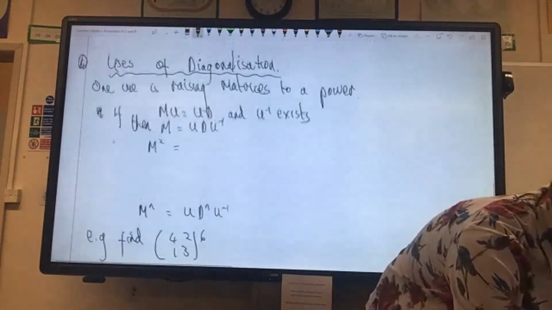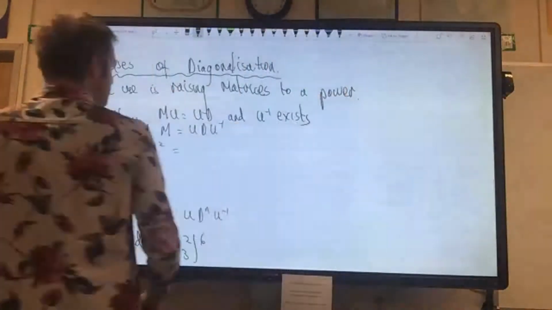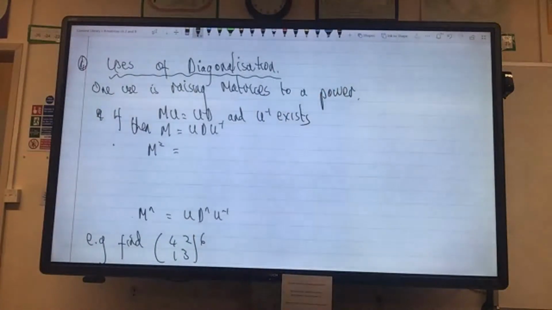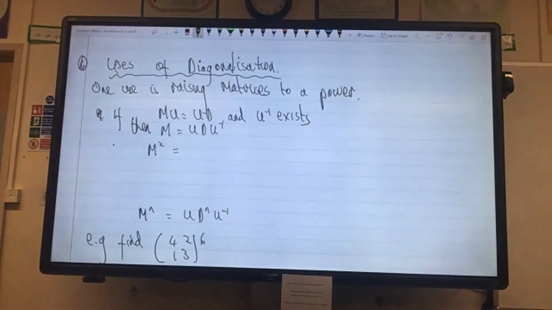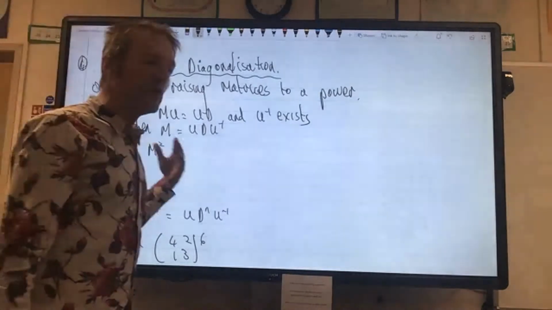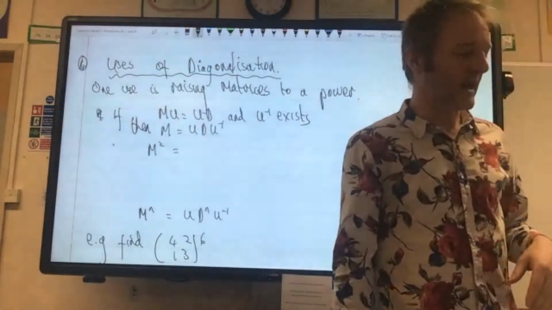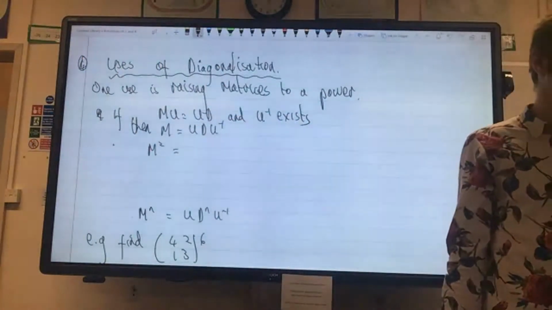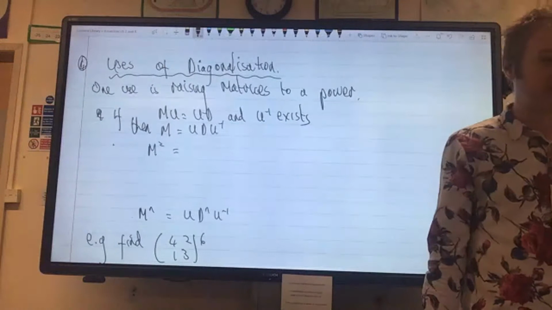All right, so I'm going to show you one use of it, and this is the use that is most commonly tested in exams up till now. So suppose we can diagonalise a matrix. By the way, it's not always true that you can diagonalise a matrix. To diagonalise a matrix, you have to have a matrix of eigenvectors, and that has to have an inverse.